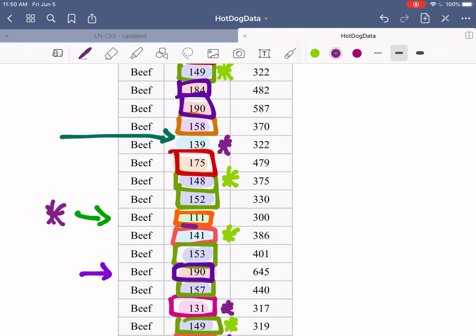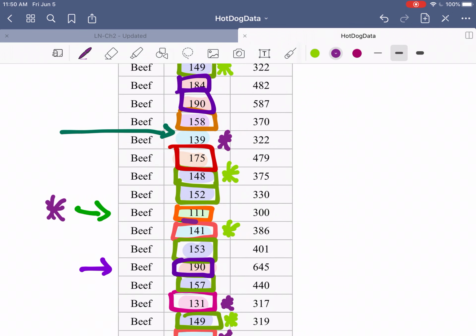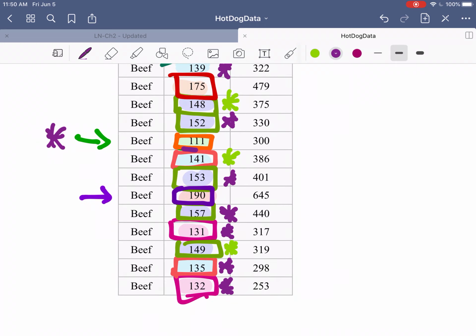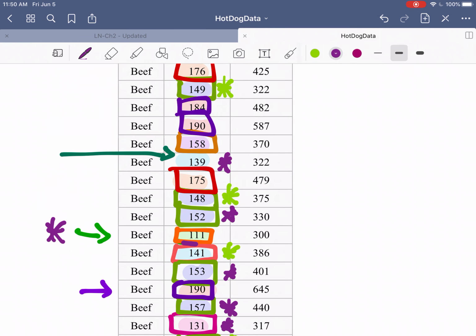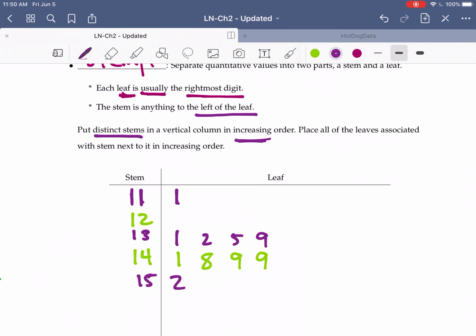In the 150s, we have 152, 153, 157, and 158. Our 150s.